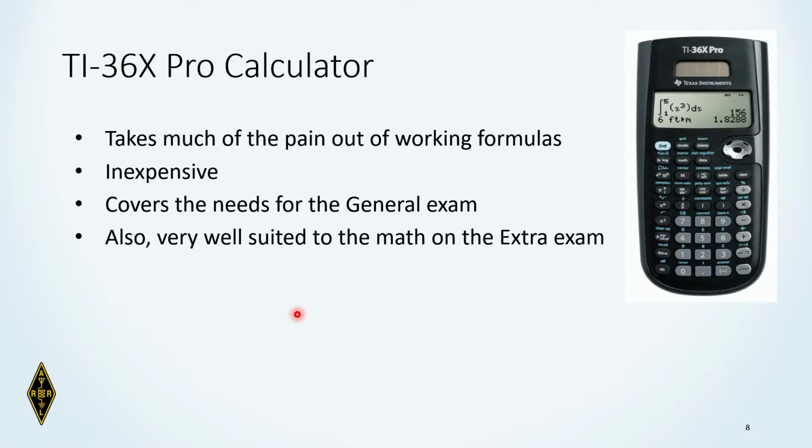The calculator, we've mentioned a couple of times. You can enter the values in exactly the same format as the formula appears. And then all you have to do is press enter to get the answer. So it takes much of the pain out of working formulas. Inexpensive.